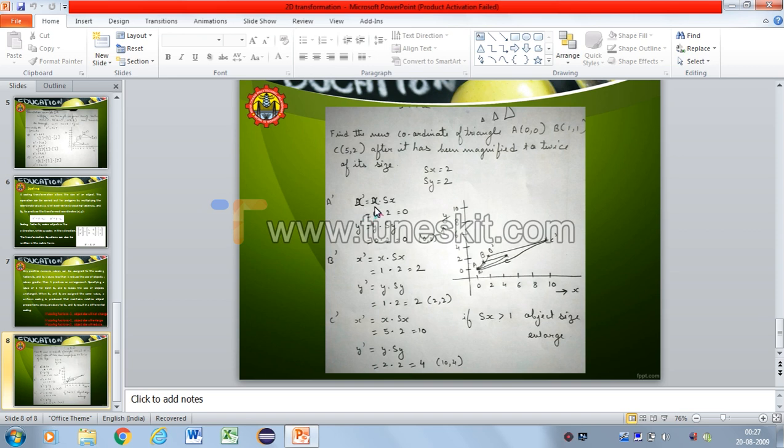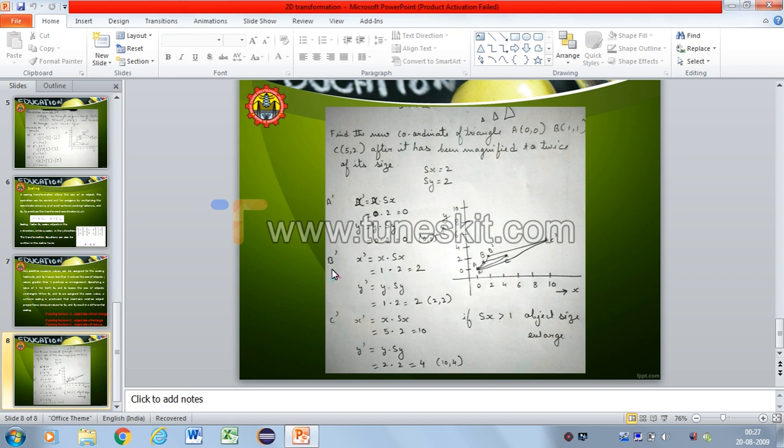P dash is equal to P into S, right? So we take one coordinate: x dash is equal to original x multiplied by Sx. This is your scaling factor. Sx is 2 and original x is 0, right? 0 into 2 is 0. So y dash also comes 0. So A dash has coordinates 0, 0.